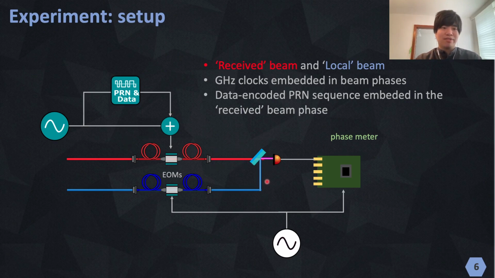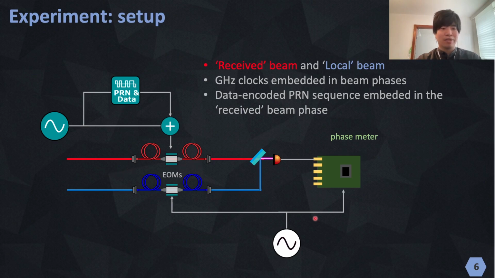So what's done here is very simple. We just make interference between received beam, red, and local beam, blue. And the distant onboard clock and the PRN sequence with data is embedded to phase of the received beam.